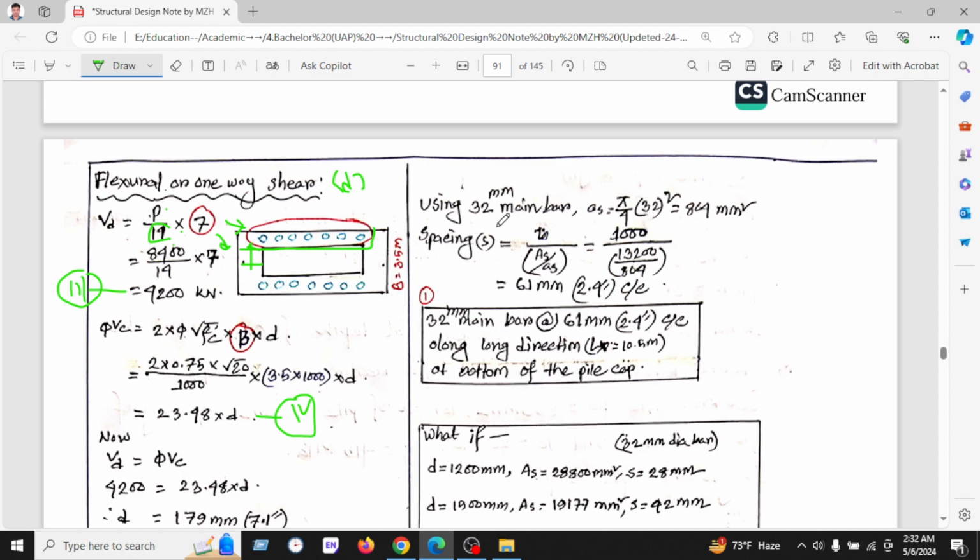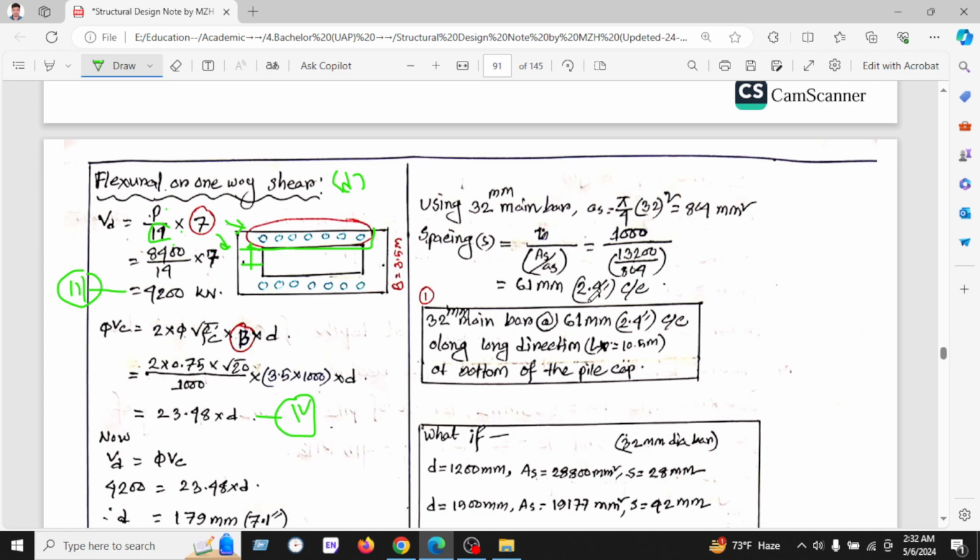Okay, let's see. Using a 22 millimeter main bar, the area of 22 millimeter is 864 millimeter square, so the spacing will be b divided by s divided by As, and we found 61 millimeter.